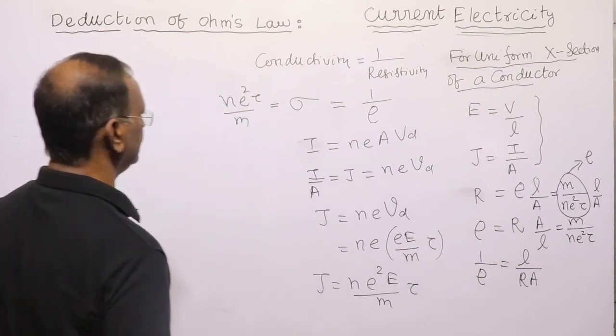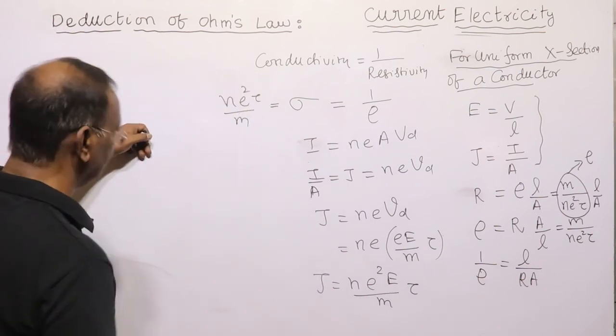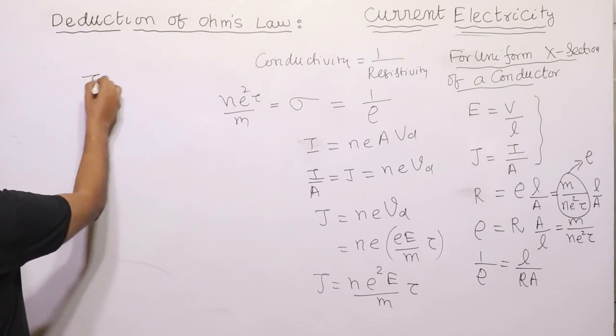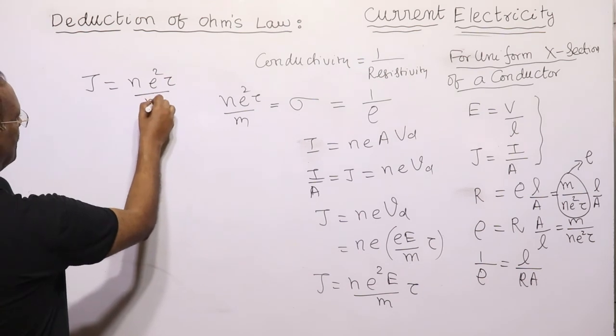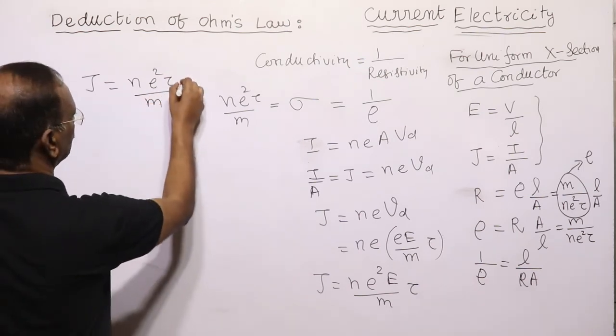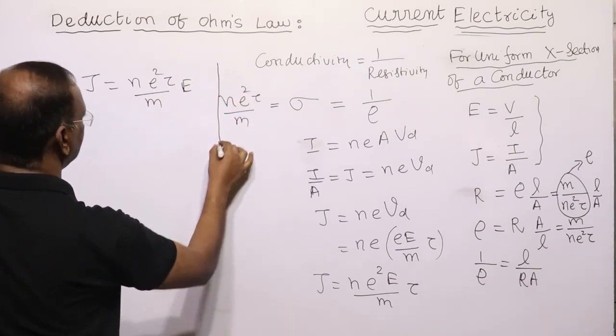This is the expression for the conductivity. Now here J we can write as J is equal to n e square tau by m into E.